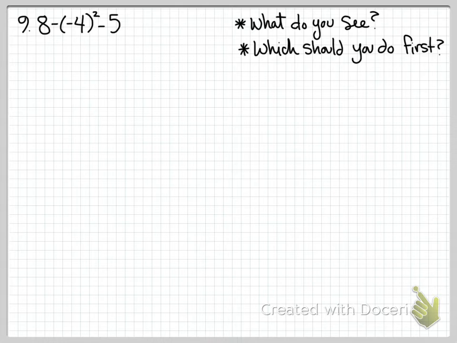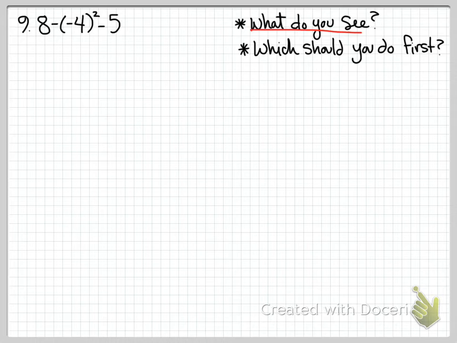Okay, next up, number 9. 8 minus negative 4 squared minus 5. So, what do you see? I see an exponent and I see some parentheses.